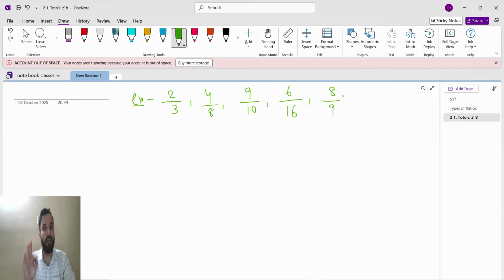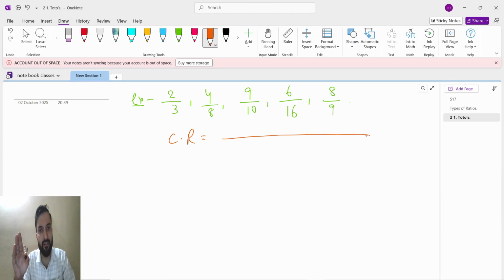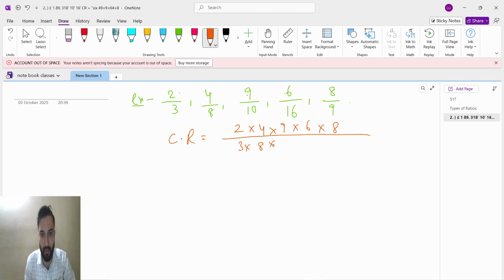This is the given ratio, and we have to find the compound ratio. The product of antecedents, these numerators: 2 into 4 into 9 into 6 into 8, divided by the product of consequents: 3 into 8 into 10 into 16 into 9.